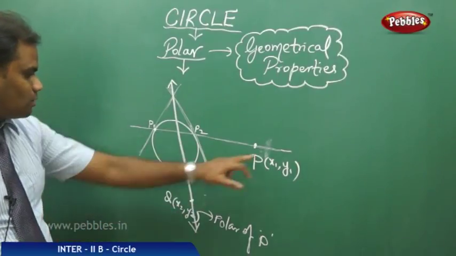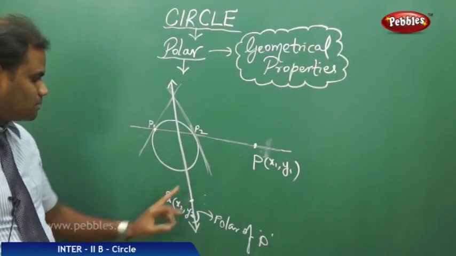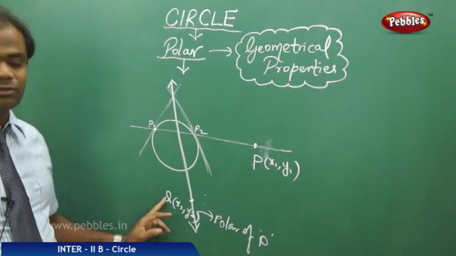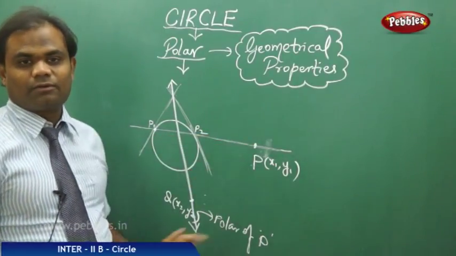So Q lies on the polar of P, and P must lie on the polar of Q. That means this line must be the polar for Q.